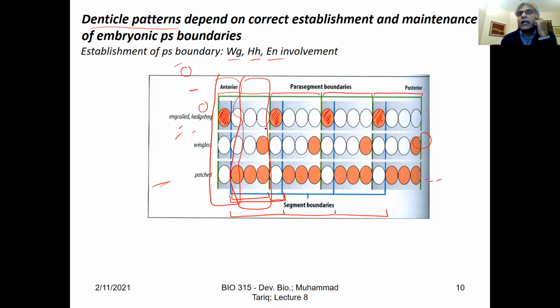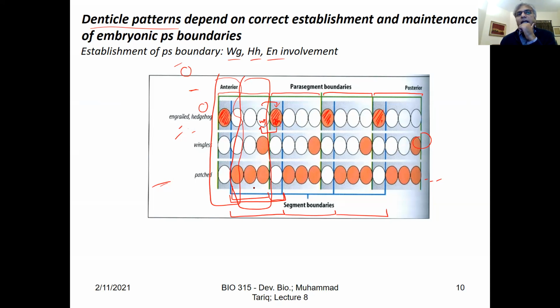So the interplay between cells is like this: wingless goes to the neighboring cell where engrailed is active, it activates hedgehog, and hedgehog diffuses and activates wingless here. And here you have activation of hedgehog.